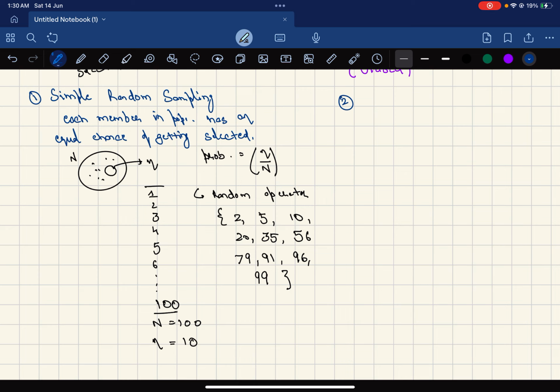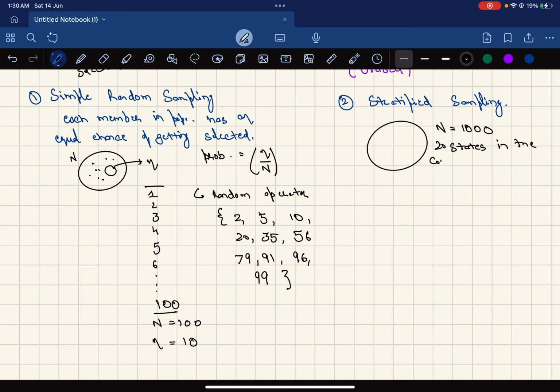We call it stratified sampling. Now let us say we have a country, and there are, let us say, 20 states. So there is a population of capital N equal to 1000, and there are 20 states in the country, and there are an equal number of people in each of these 20 states.